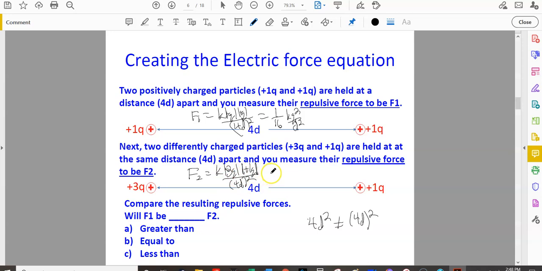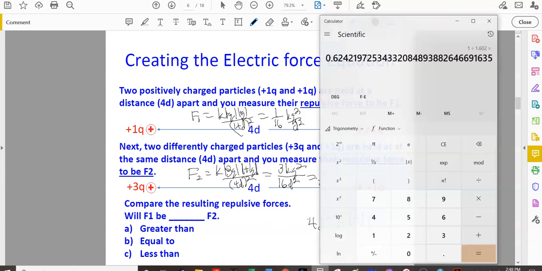So this is actually going to become 3Q times 1Q, which is 3Q, times K. So that'll be 3KQ squared over 16D squared. Is that 1/8? Let's see, hold on.